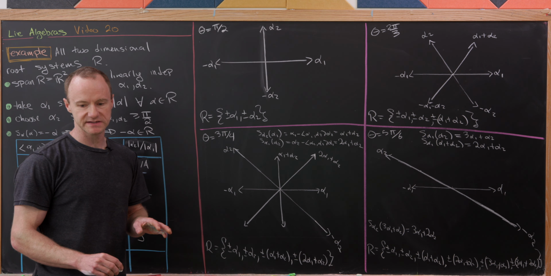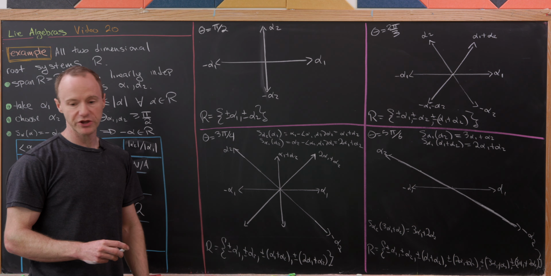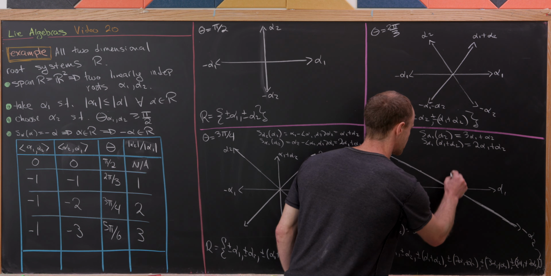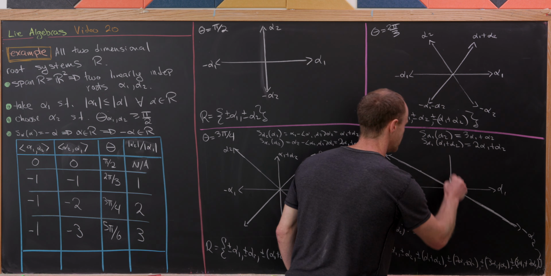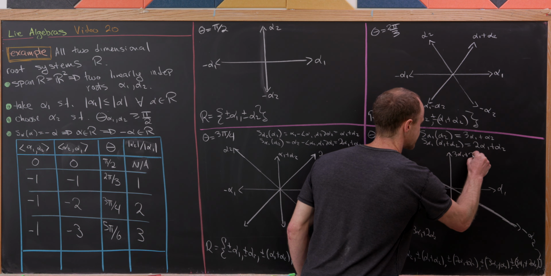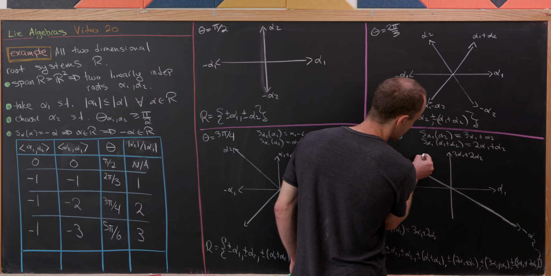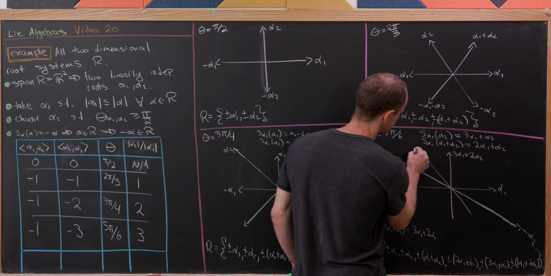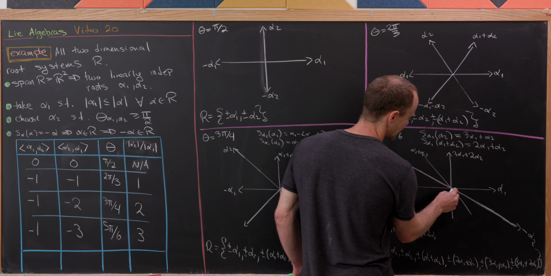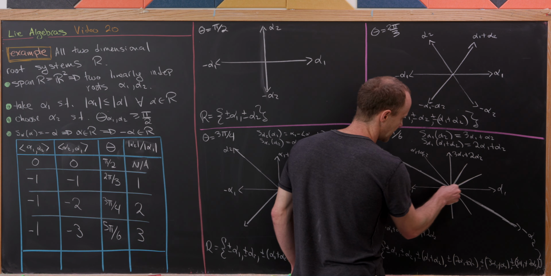And now all that's left is to make the picture. And what you end up with is the following. This is a little bit tricky, but this root right here will be our 3 alpha 1 plus 2 alpha 2. And then you've got one in the middle of these two, which turns out to be alpha 1 plus alpha 2. And then the remaining two fit in the middle right here.